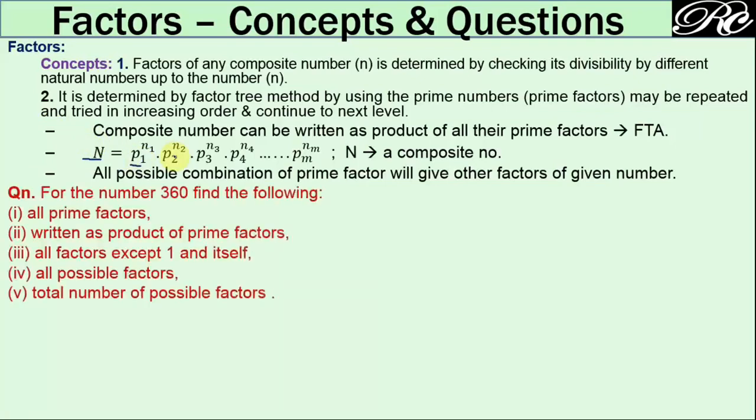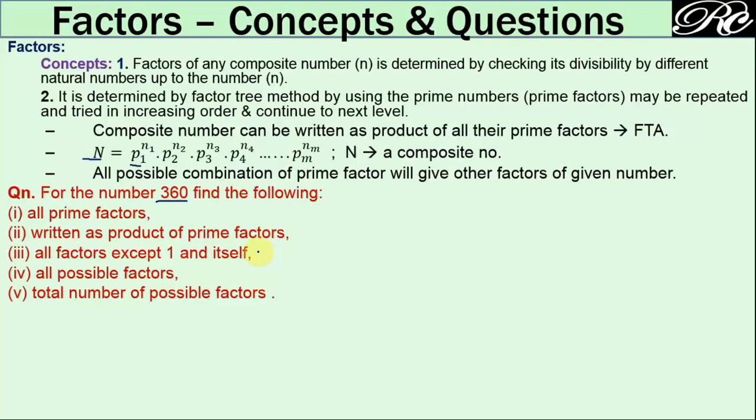Let us take one example to understand this. We have to find the prime factors of 360, then get all other factors of 360 which may not be prime, all the possible factors including 1 and itself.